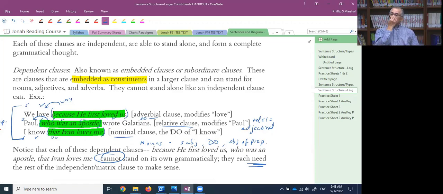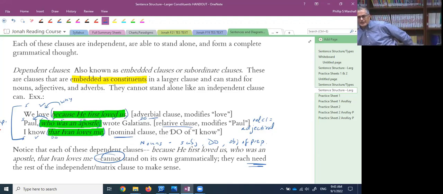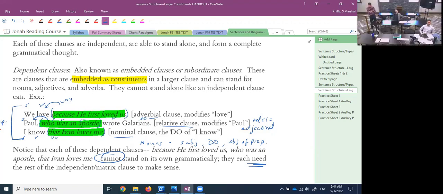But no, we don't use the word relative clause to describe all dependent clauses. So the best way to remember that one really would be just to realize that it's acting as an adjective. Yes, relative clauses are acting as adjectives. Okay, exactly. Thank you.